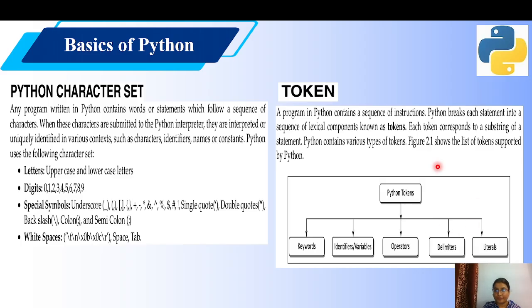So Python breaks each statement into a sequence of lexical components known as tokens. And you can see the different types of token over here. We have keywords, and this is called the token. The identifiers or variables, this is called the token. Operators, then we have delimiters and literals, right?